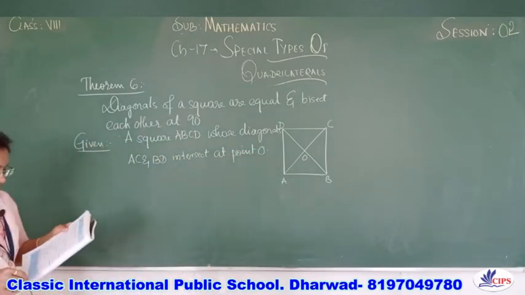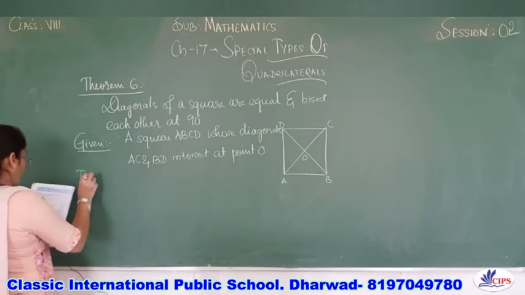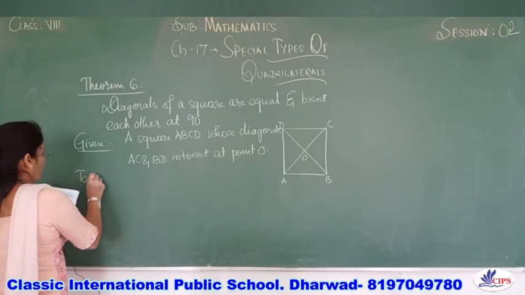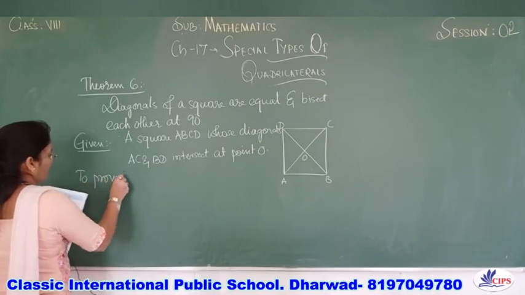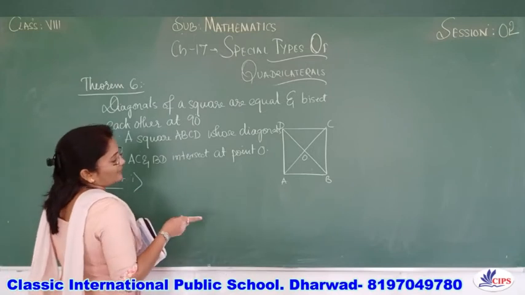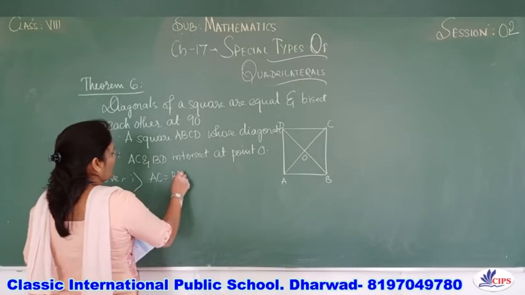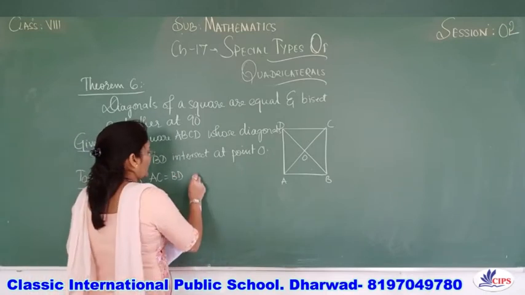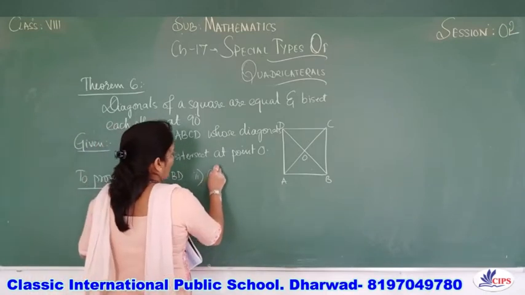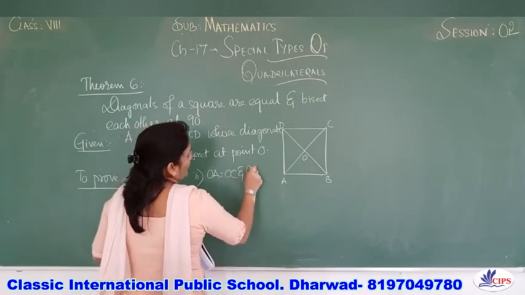Now, what do we need to prove? We have three points to prove. First one, AC is equal to BD, means diagonals are equal to each other. Next, second one, they bisect each other, that is OA is equal to OC and OB is equal to OD.